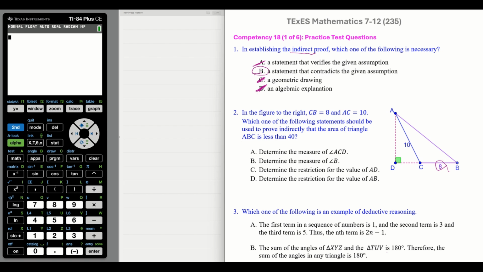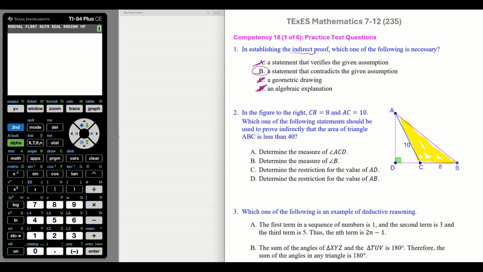Okay, here's the thing. Remember, I said that you're not just saying you're more a contradiction, yes, but more in the sense that you're saying what something isn't, what it cannot be.